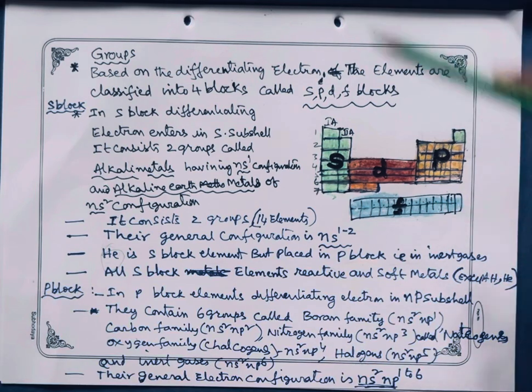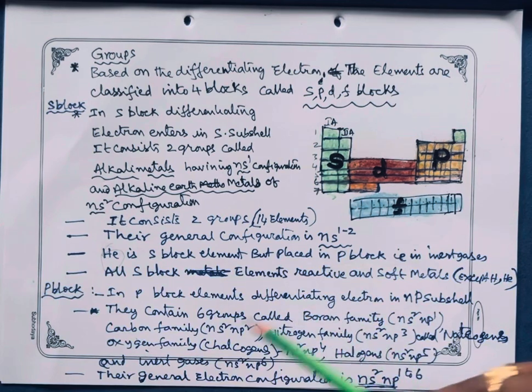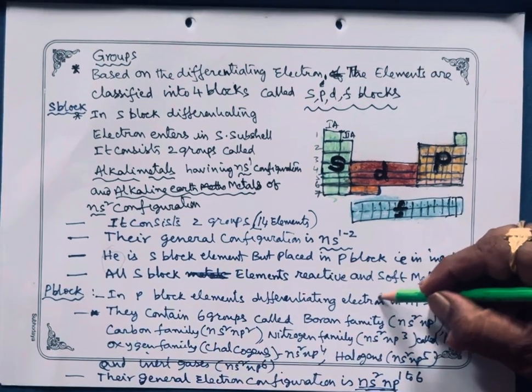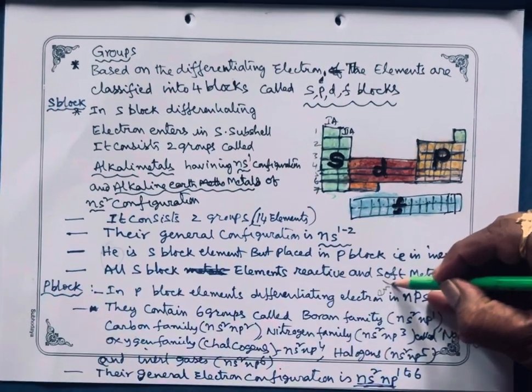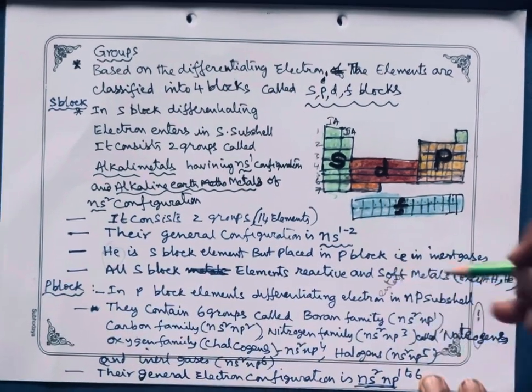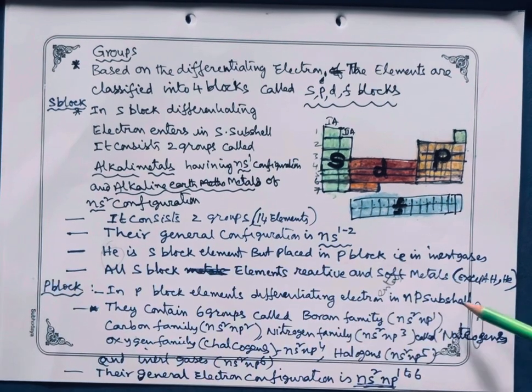Now let us see the general configuration: ns2 np1 to 6. In p block elements, the differentiating electron enters the np subshell.